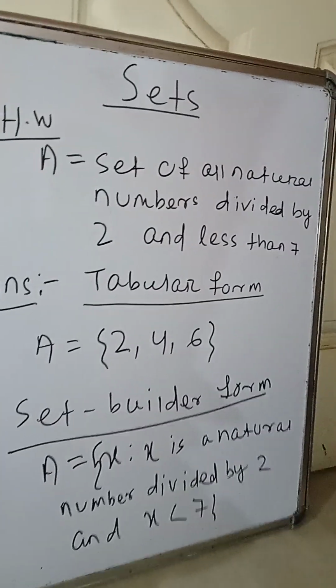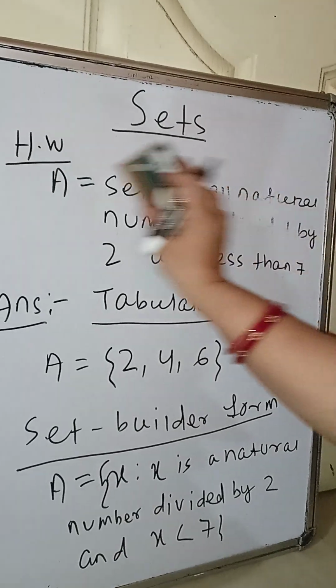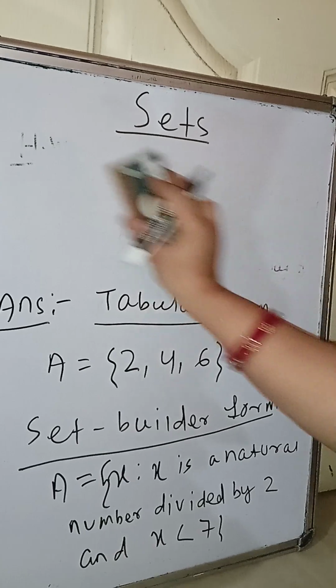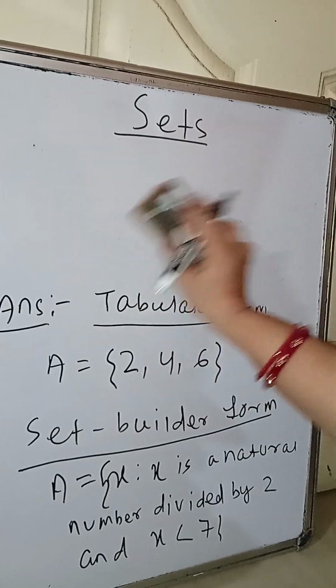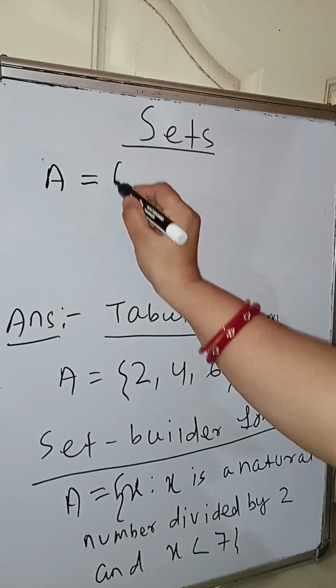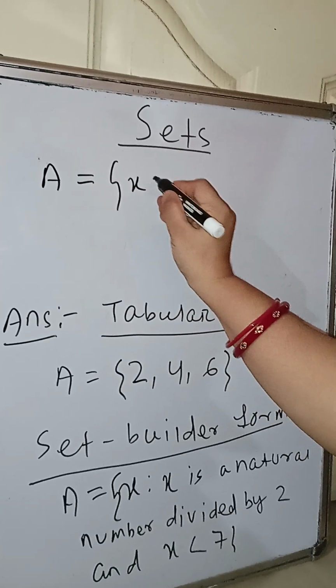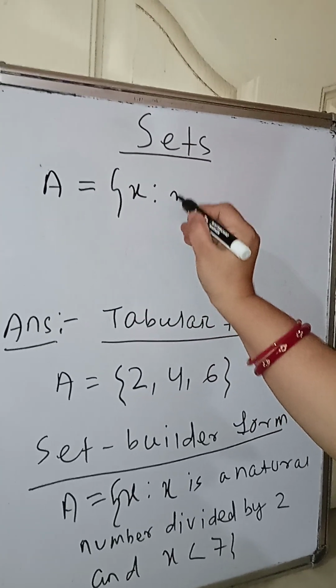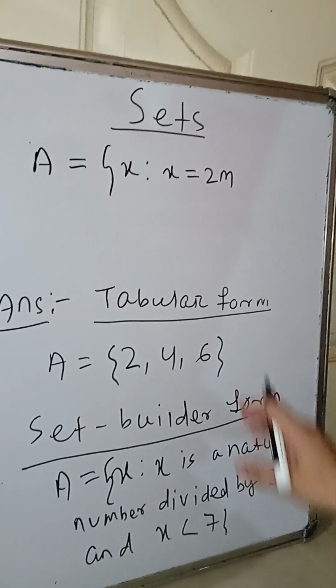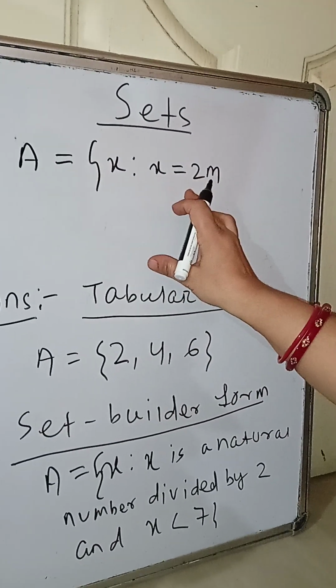So this can also be written mathematically like this. Instead of writing the common property in words, we can write the set A as A equal to x such that x equal to 2m, because x is divided by 2, so that means x is a multiple of 2.